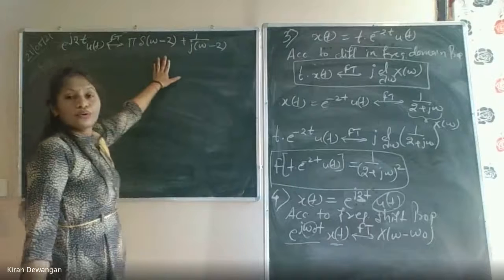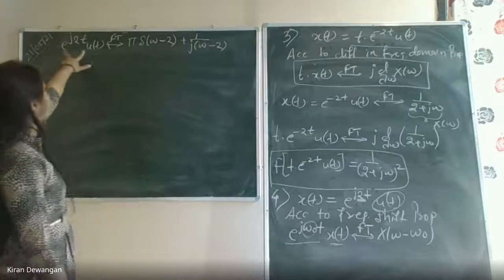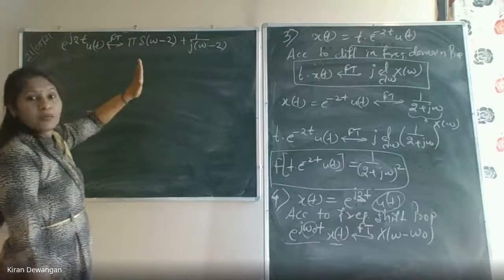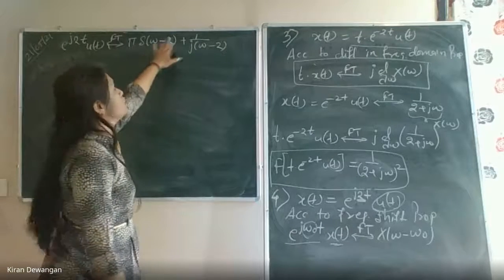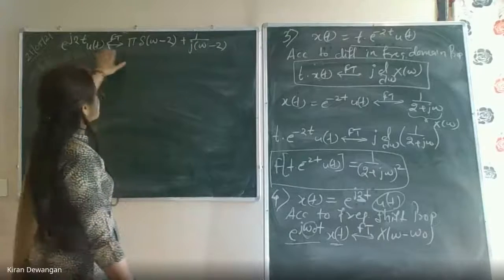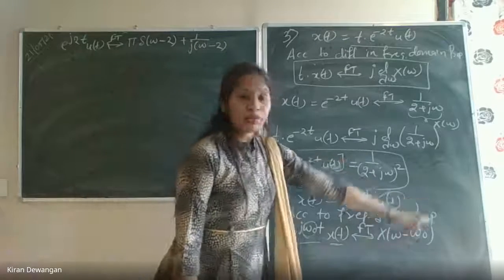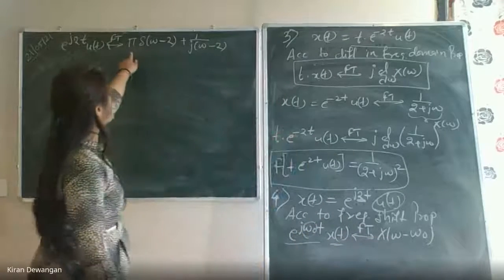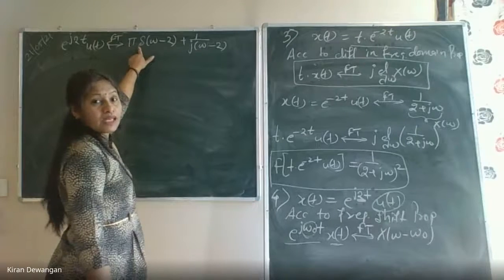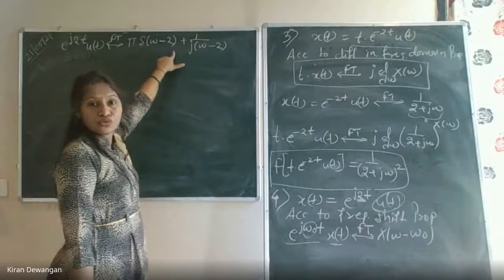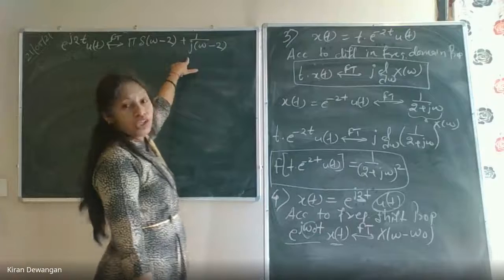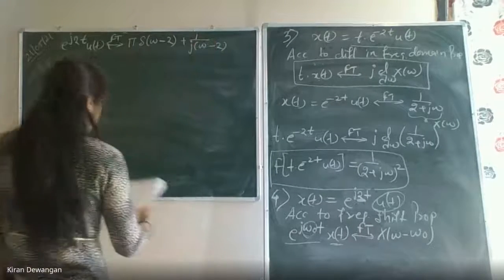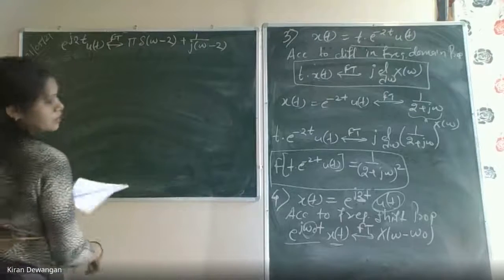This is what is going to be our Fourier transform of this particular function, e to the power j omega naught t ut. For ut we know it is pi del omega plus 1 by j omega. Since it is X of omega minus omega naught, whatever is our X omega, we apply omega minus omega naught in it. So pi del omega becomes omega minus 2. Omega naught is 2 here, and 1 by j omega becomes j omega minus 2. That's it. Now let us solve the other question.